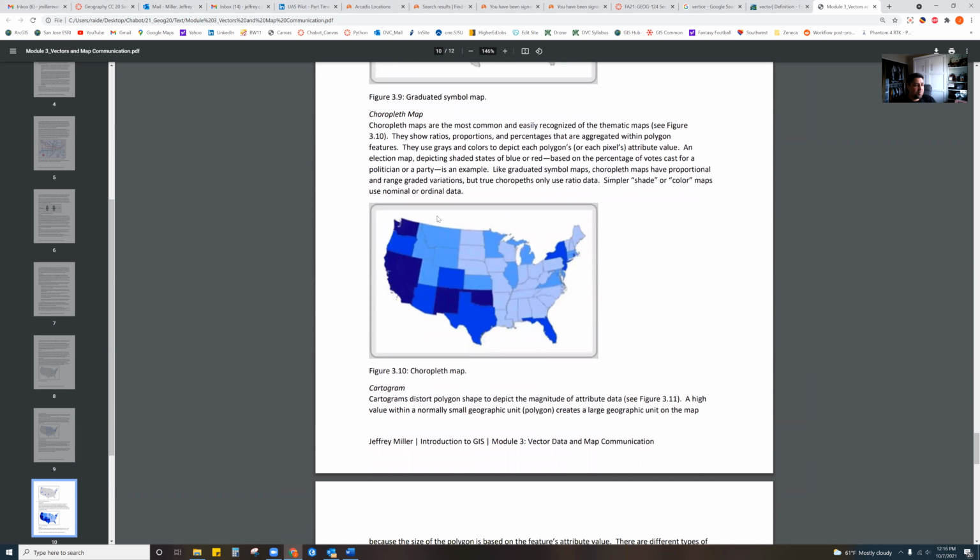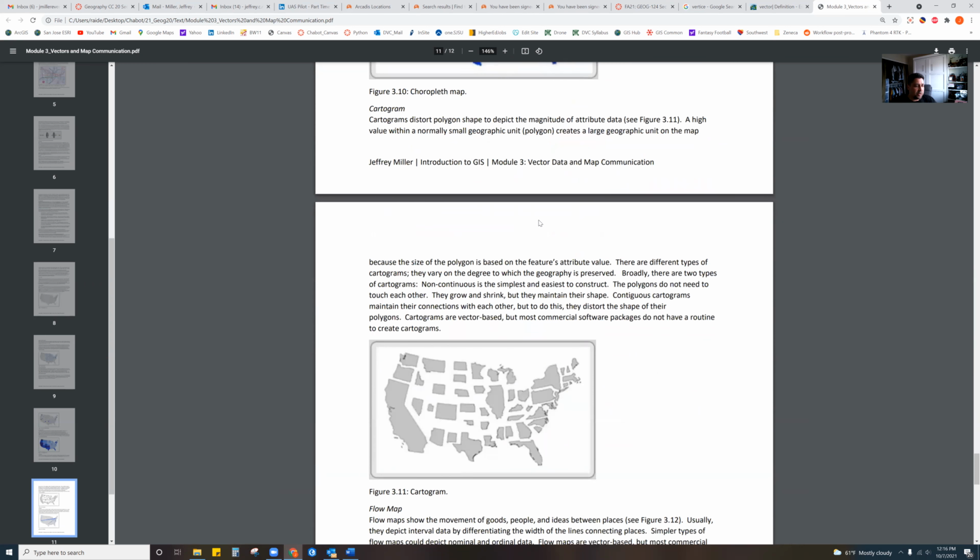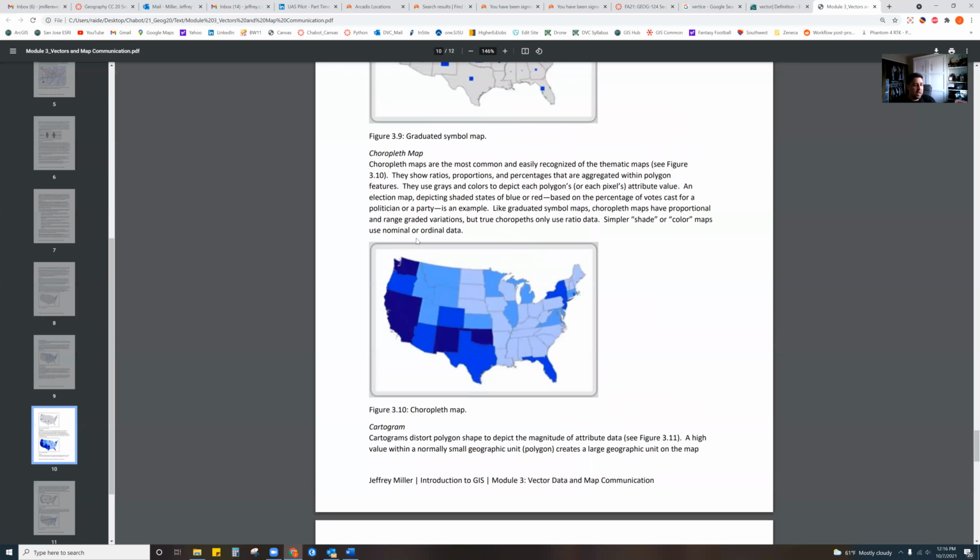So choropleth is another very common map type. In this instance, we're evaluating a range of something, representing that by a shade of color.